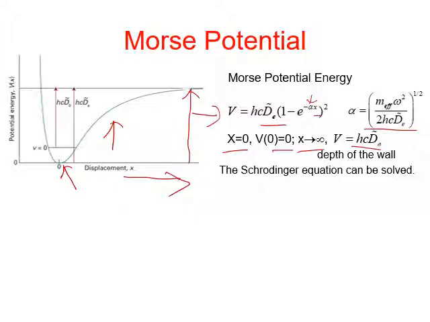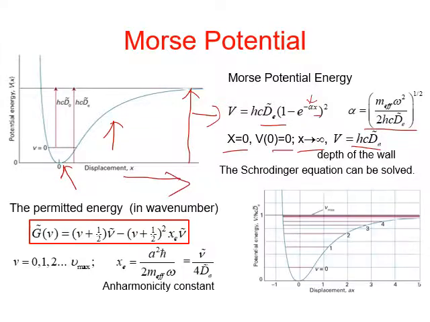Apply the Schrödinger equation with this Morse potential energy. The allowed energy can be solved, and this is the equation for the allowed energy levels in terms of wavelength. In this equation, you have a quantum number v. So v plus half, that's the first term, times nu.